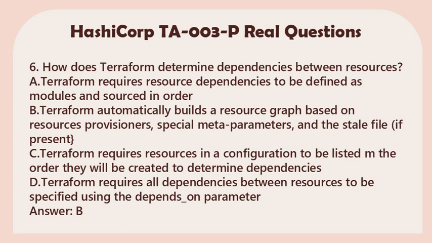C. Terraform requires resources in a configuration to be listed in the order they will be created to determine dependencies. D. Terraform requires all dependencies between resources to be specified using the depends_on parameter. Answer: B.